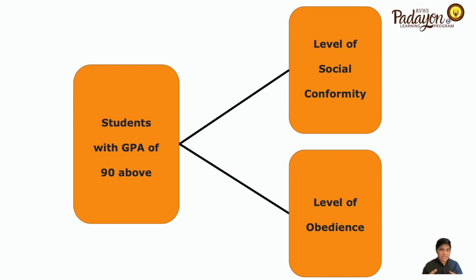It's still their answers to that survey that would give us a result on their level of social conformity and level of obedience. And we'll be looking at the relationship of these variables, whether having a very high grade would lead to a high level of social conformity or not. So it only creates a relationship between one variable and another variable. It doesn't mean that we promote a cause and effect relationship for the two variables.